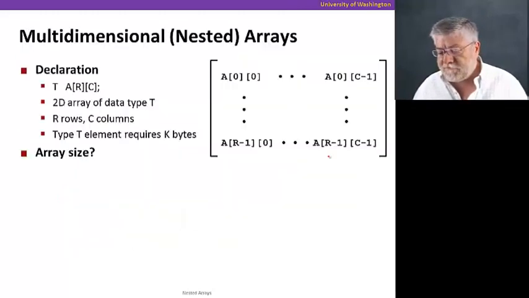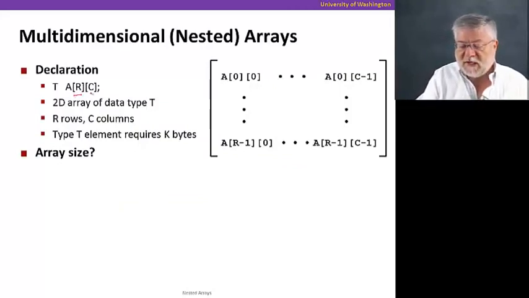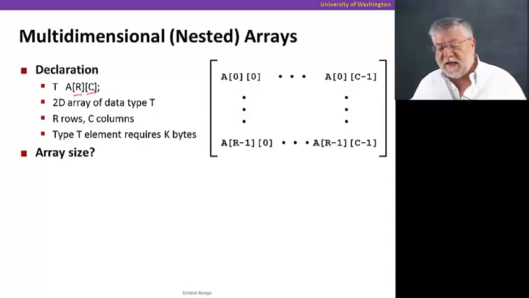All right. So in general, when we talk about multi-dimensional arrays, and in this case we're still looking just at purely 2-dimensional, we have a number of rows and a number of columns, and in our declaration we can just put 2 brackets right after the other, one with the number of rows, one with the number of columns.